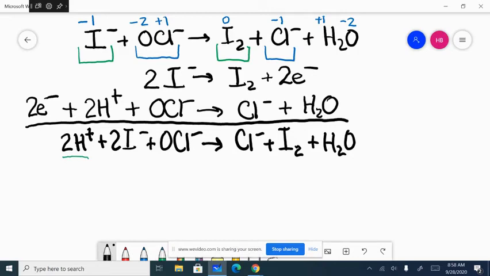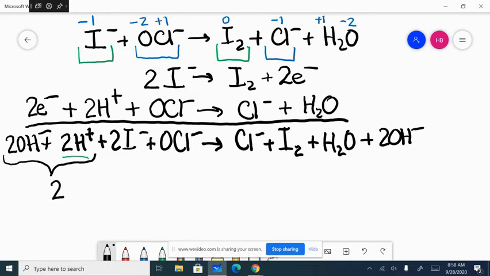H plus means acidic solution. So I'm going to add hydroxides to each side. What that's going to do is take the H pluses and turn them into waters. So anytime an OH minus comes in contact with an H plus, you're going to be left with water. And that is how we account for the fact that we have no H pluses.